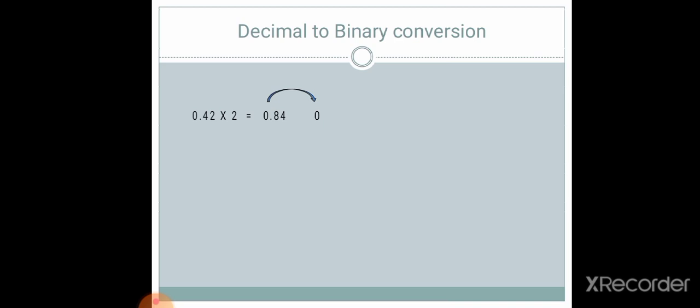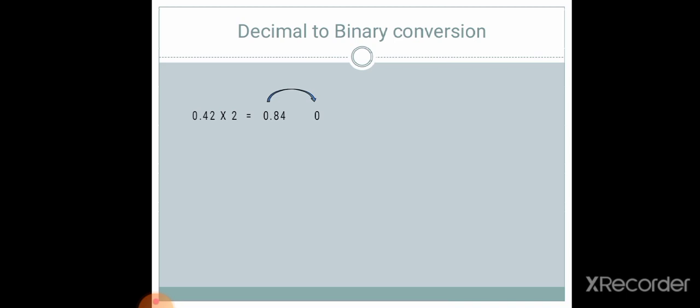Again the given example is for fractional number, so we are going to multiply the number with 2, that is the base of binary. So given number is 0.42 and we have multiplied that number with 2, so answer is 0.84.